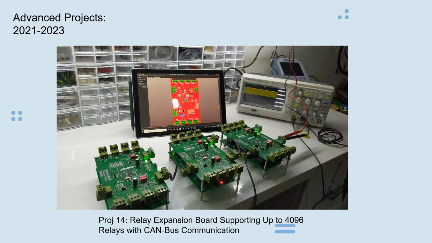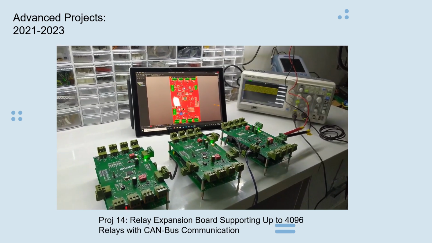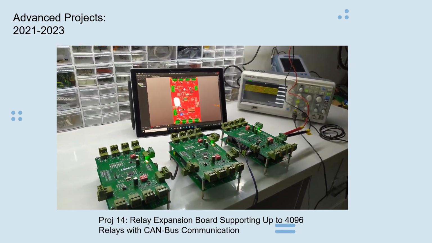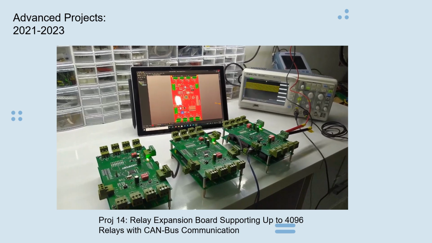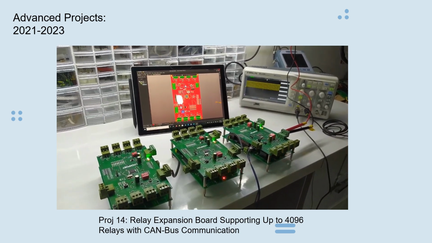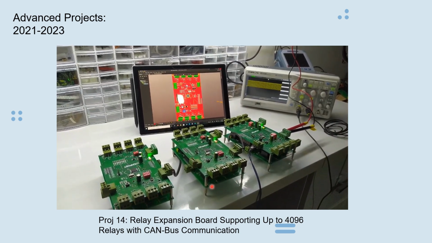Actually, we can use it in a specific situation, not everywhere. So I just designed it for a company that needed it for their lockers. As you can see, every time one of these relays and outputs is going on and off.